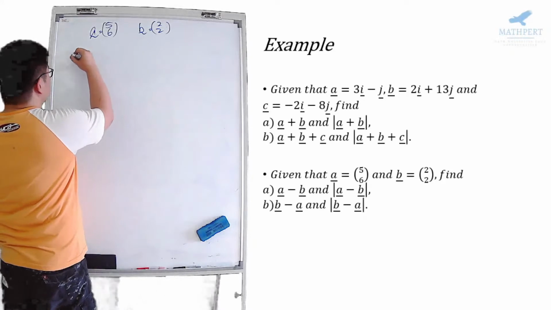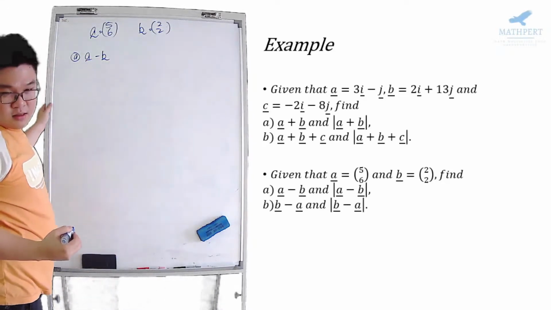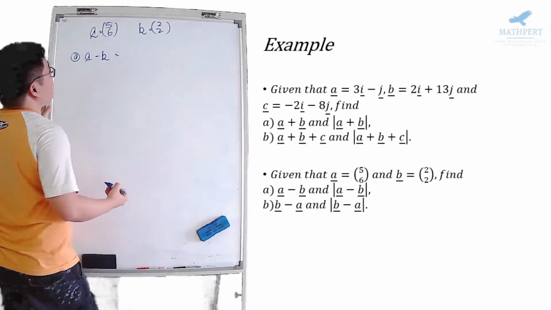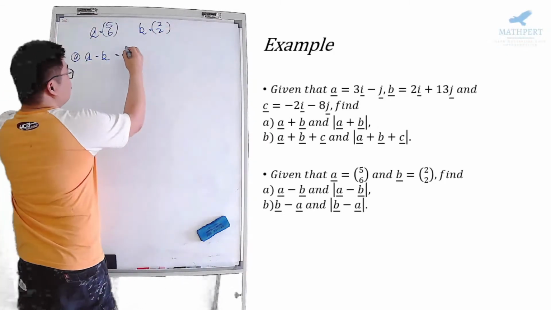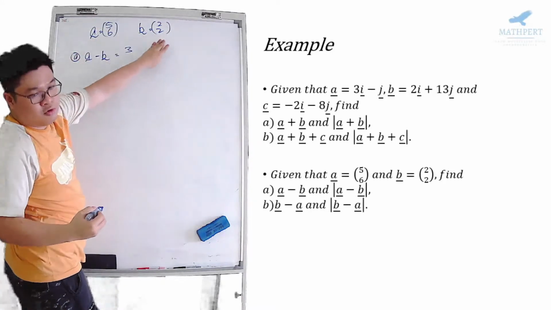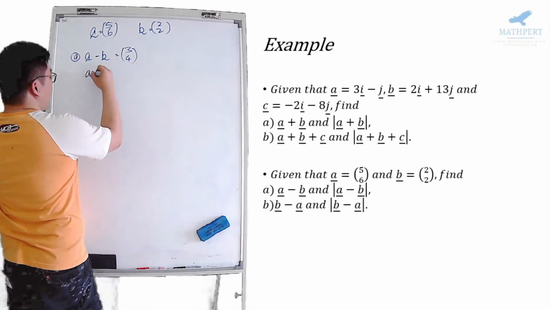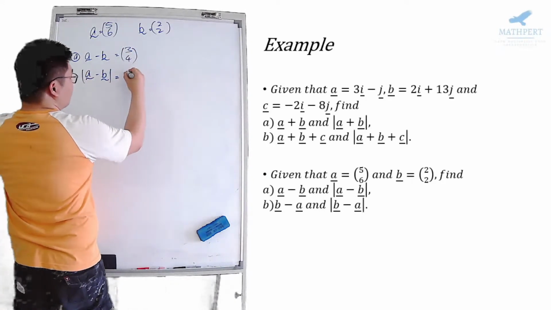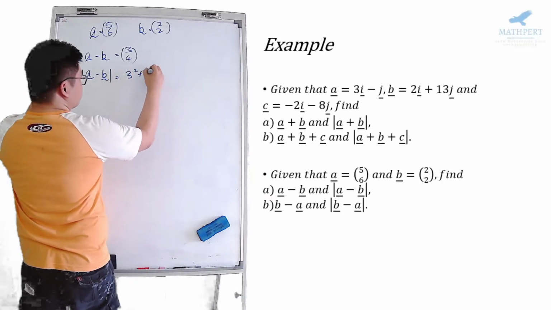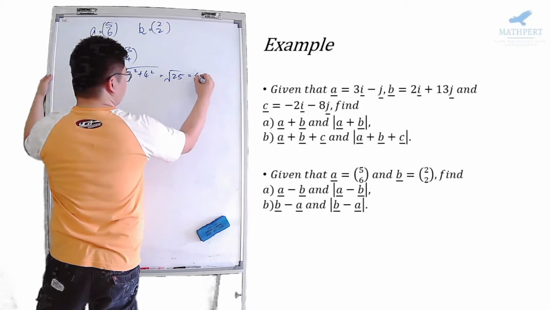First, A minus B: 5 minus 2, I get 3, and 6 minus 2, I get 4. So the magnitude of A minus B will be the square root of 3 squared plus 4 squared, which is the square root of 25, 5.